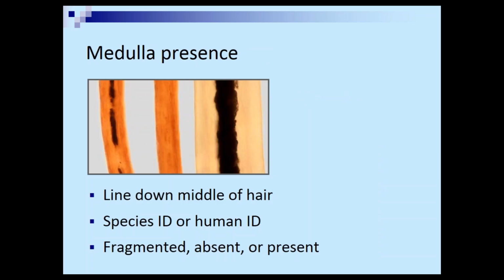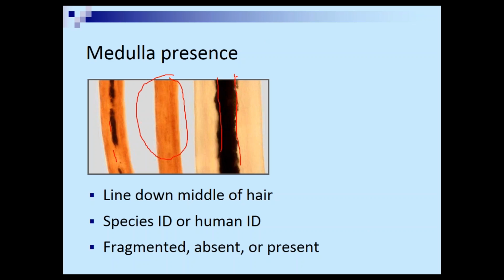This is not an example of what I'm going to talk about, but let's say you look at three brown hairs. With the naked eye, they all look like brown hairs. Under the microscope, you may find that one brown hair has a fragmented medulla, like over here, sort of dashed. Another may have an absent medulla, or no medulla at all, and another may have a very thick medulla down the center.